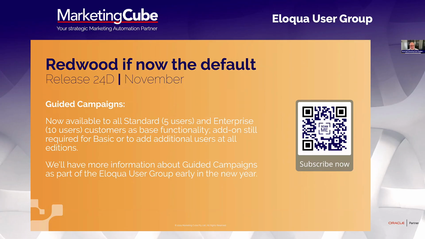Again, we'll be looking at guided campaigns in the new year in a bit more detail. Just an FYI, that subscribe now is to subscribe to the Eloqua Important Update email that we do once a quarter. It's live and active, so if you scan that QR code, you will receive within 24 hours the latest edition, which relates to release 24D as well.